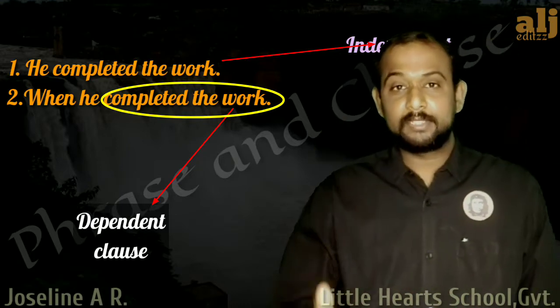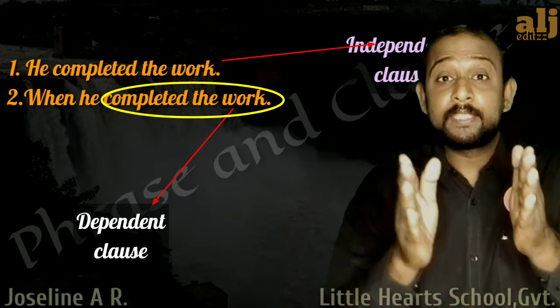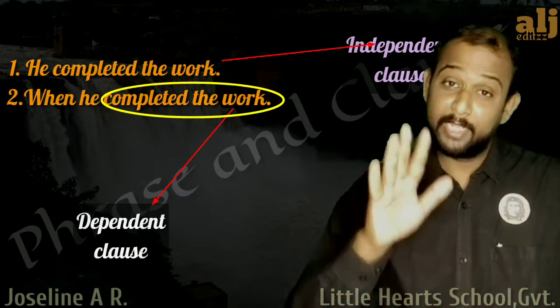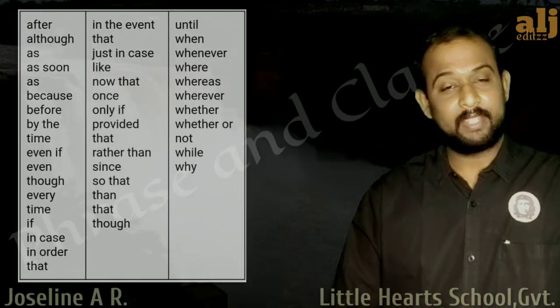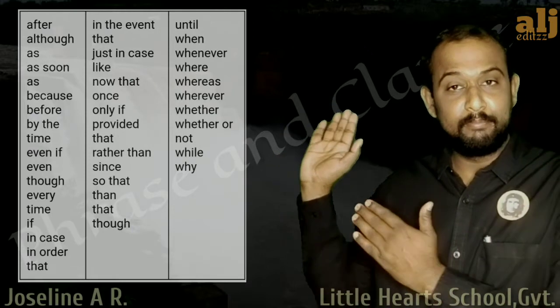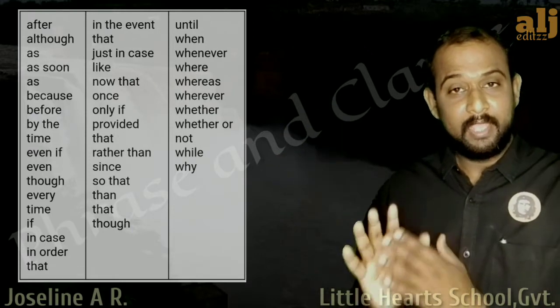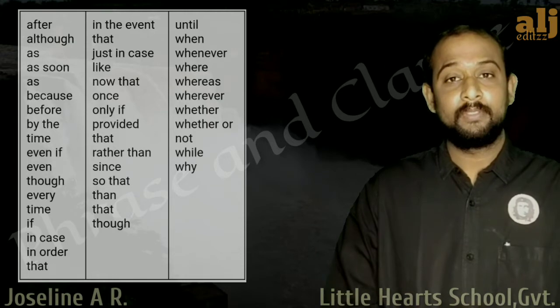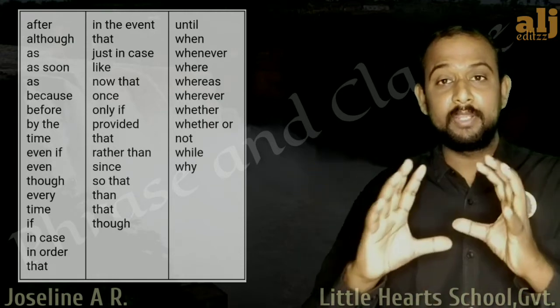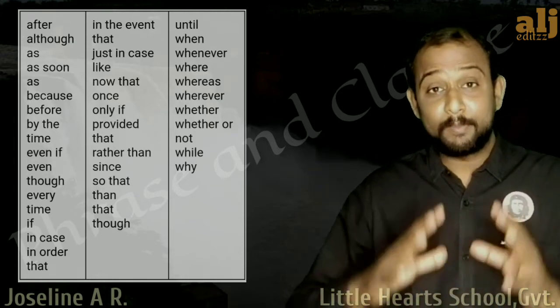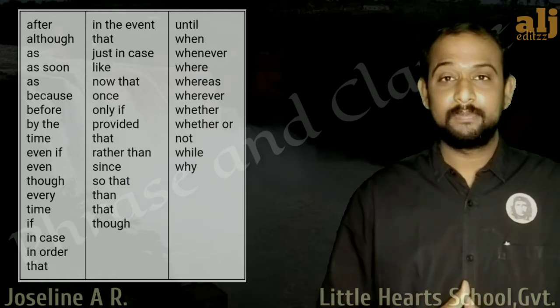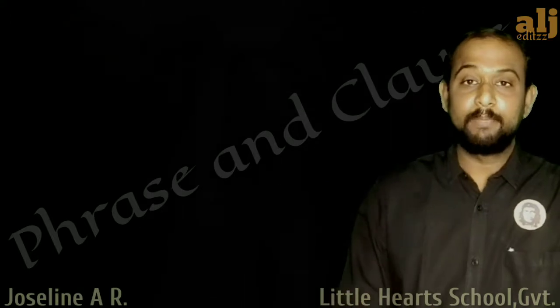So dependent clauses are always introduced by subordinating conjunctions. Subordinators, in fact. Okay, the list of subordinators are given. You can just have a close look at it. They are the important subordinators used in subordinating clauses or dependent clauses. Got the point, dear students? Let's move on. I'll make it clear with some more examples.